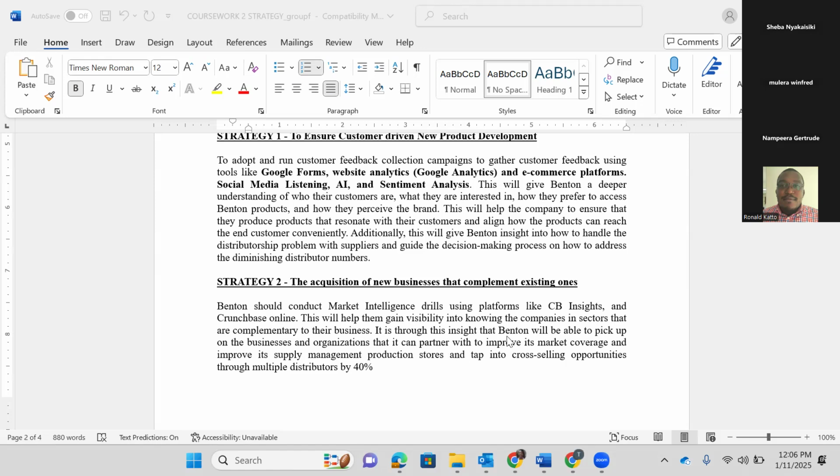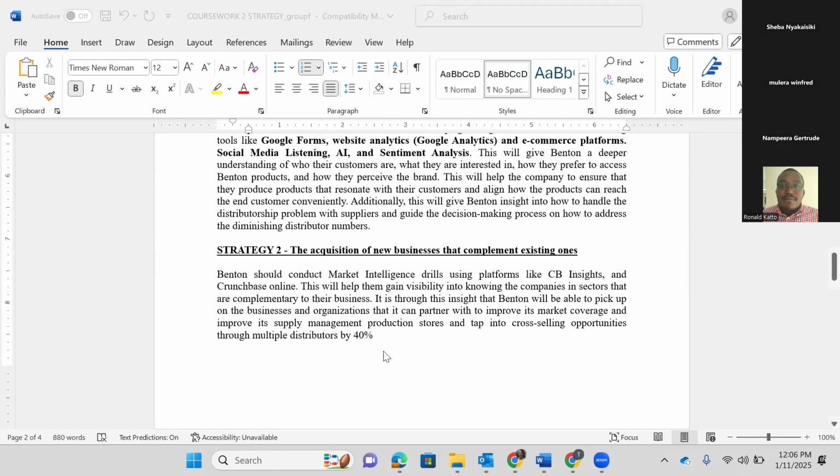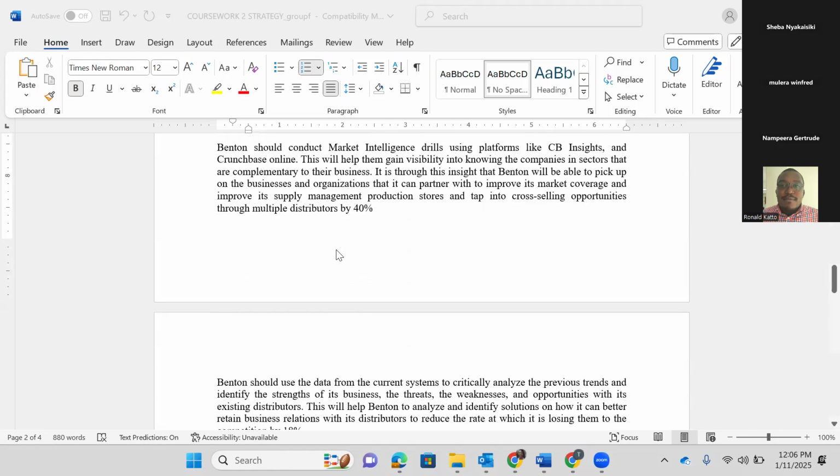It is through this insight that Benton will be able to pick up on businesses and organizations that it can partner with to improve its market coverage and improve its supply management production stores and tap into cross-selling opportunities through multiple distributors. And we envision for this to be able to improve by about 40% if this strategy is taken on.